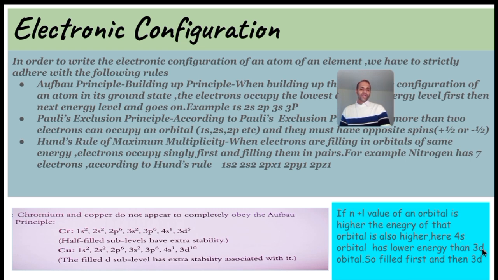In the case of the 3d orbital, 3 is the value of n, and for a d orbital the value of l is 2. So 3 plus 2 is 5. So 3d has a higher n plus l value, which is why it comes after 4s. I will discuss that later in my videos, so leave that for the moment.